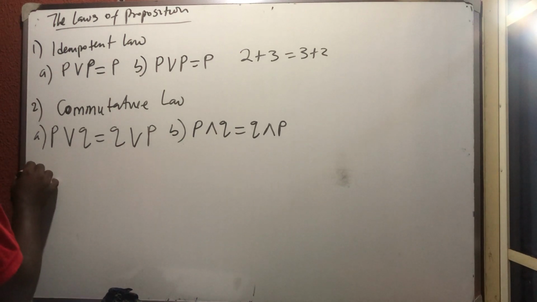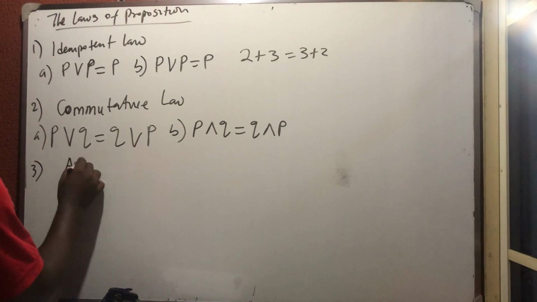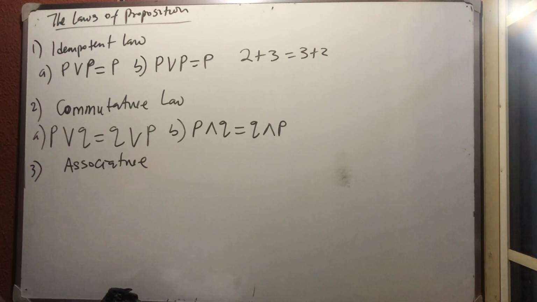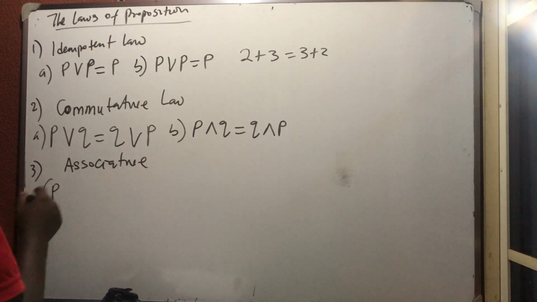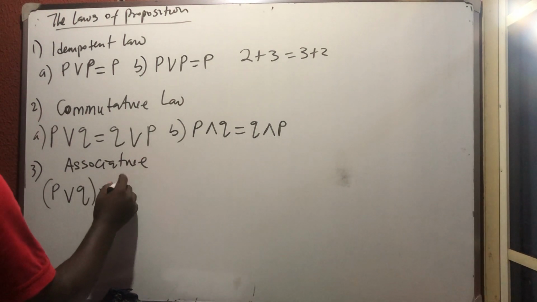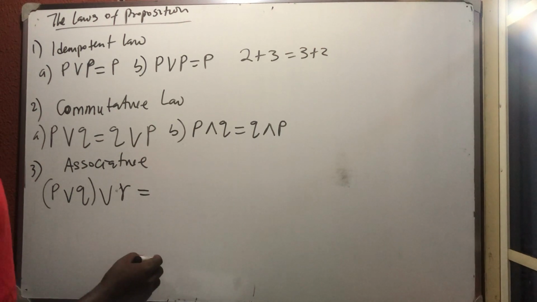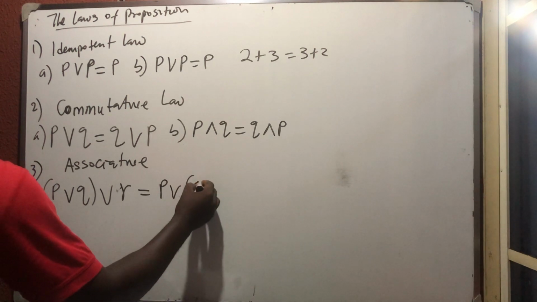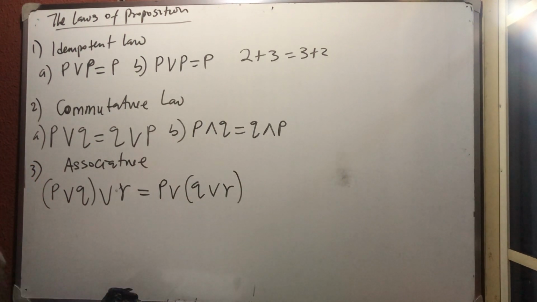Number three is associative. Associativity says that P or Q, then or R, is the same as saying P or Q or R. So they can associate with each other.